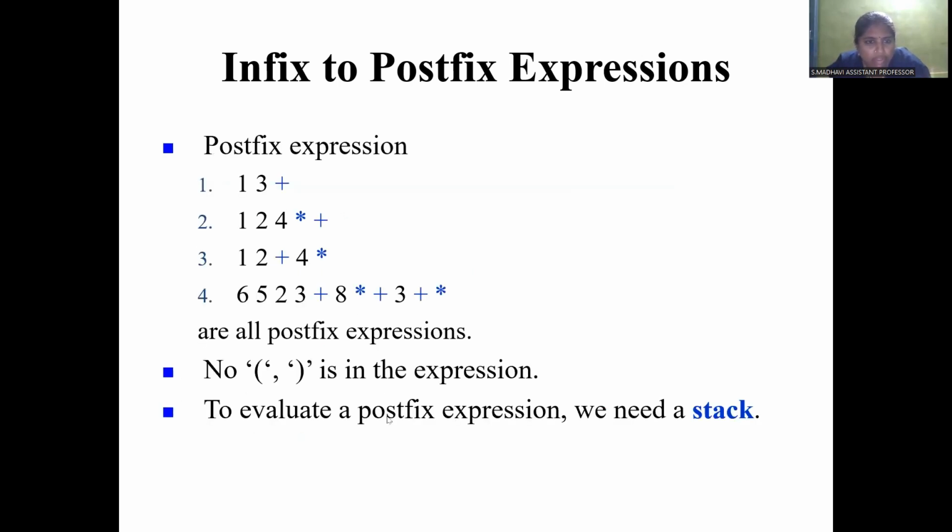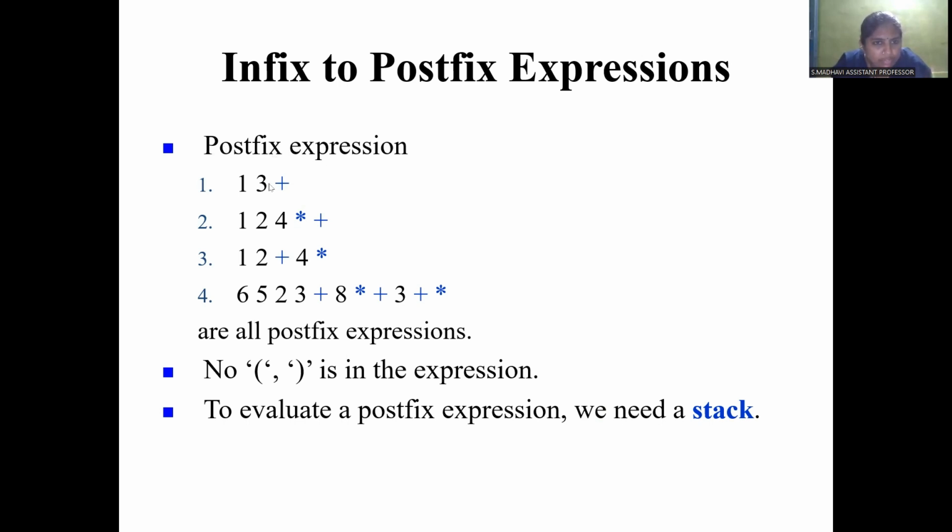Now coming to our topic, we are going to see how to convert an infix to a postfix expression. These are some of the examples. In the first example, the operands are displayed first and then the operators at the last. That is called postfix.